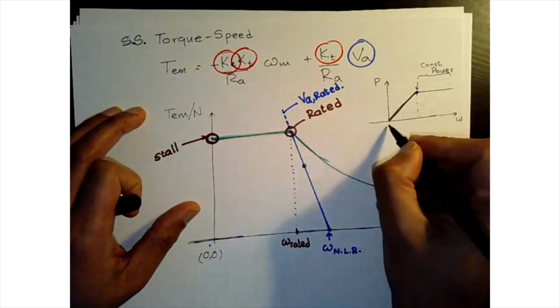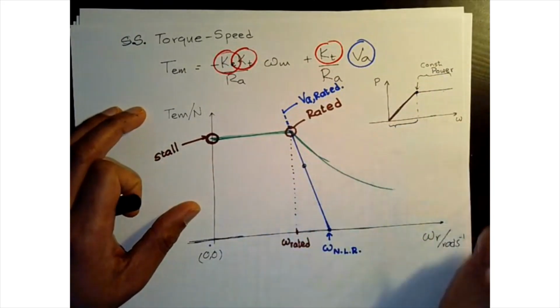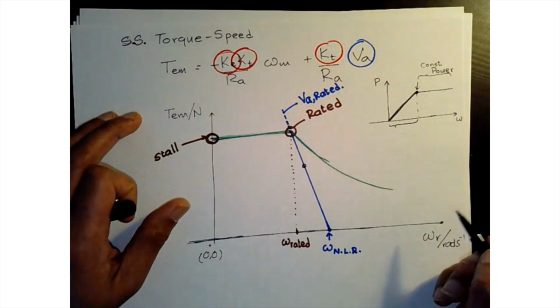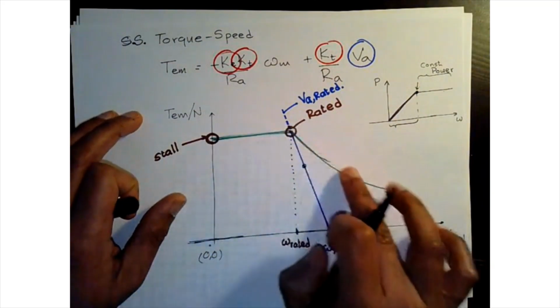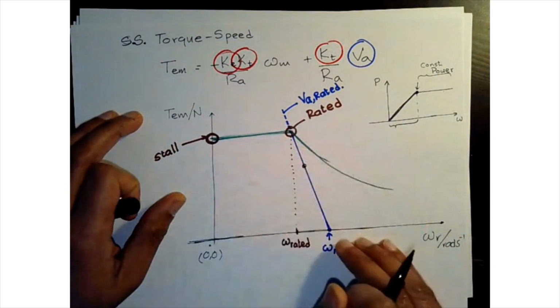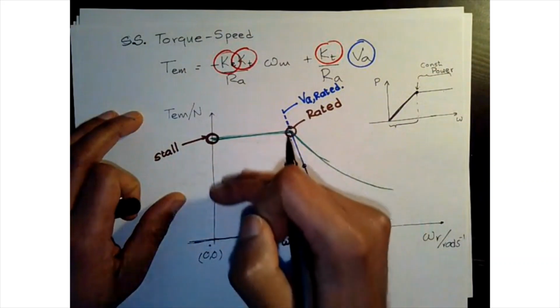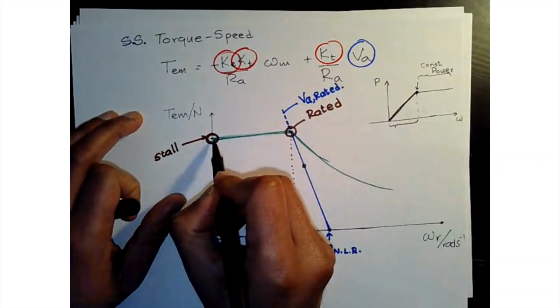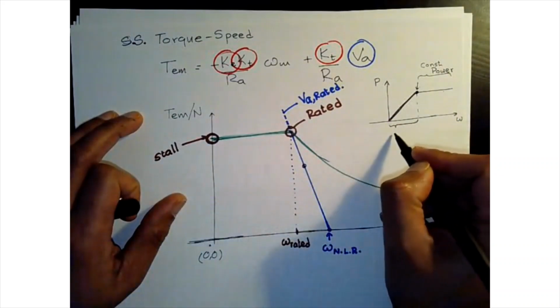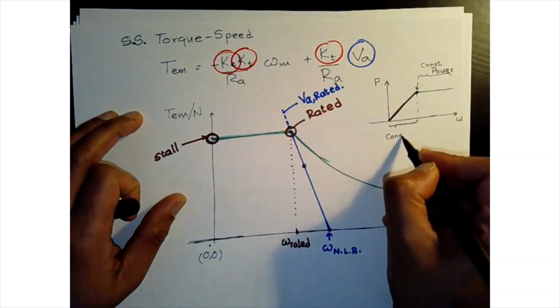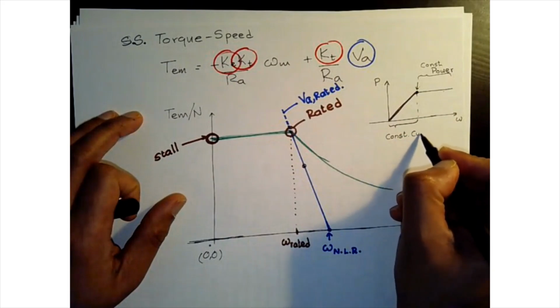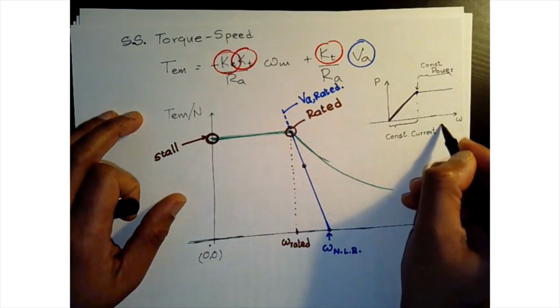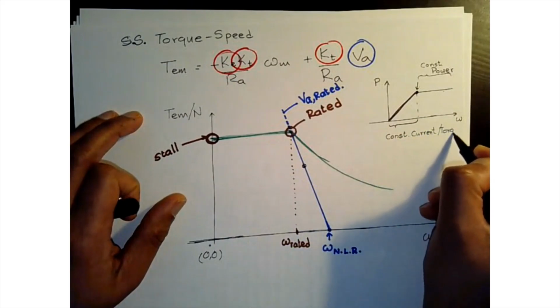And what is constant along this line? We are only thinking of this line, not the lines below it. If you're just moving along this line, this is constant current, or constant torque. You can say constant current or constant torque, right?